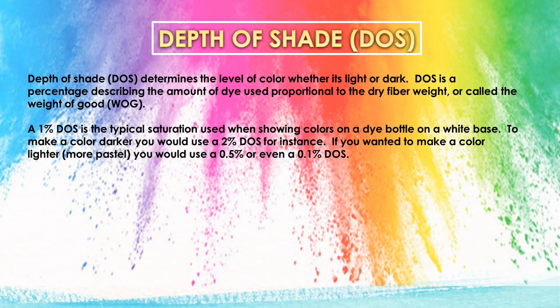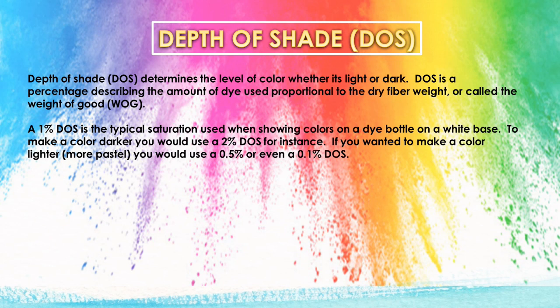Again, you're going to see that quite a bit. A 1% depth of shade is the typical saturation used when showing colors on a dye bottle or on a white base. To make a color darker, you would use a 2% depth of shade, for instance. Well, maybe not darker, but richer, just more vibrant.